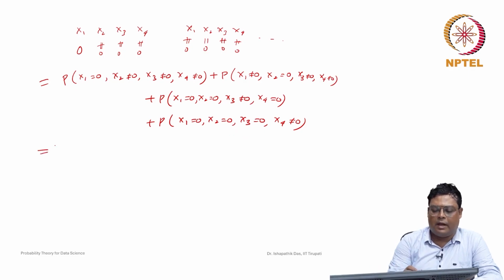Now how to find the probability, because they are independent random variables, this joint probability we can write as the product of the marginals.